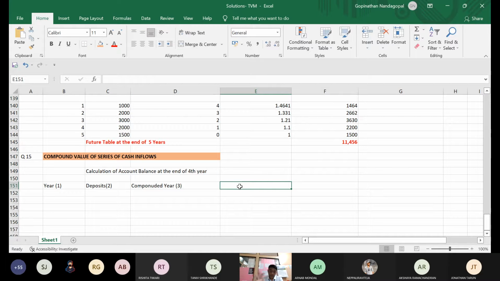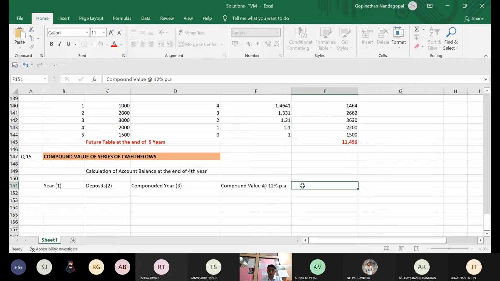Then compound value, which is at 12% per annum. That is very important.